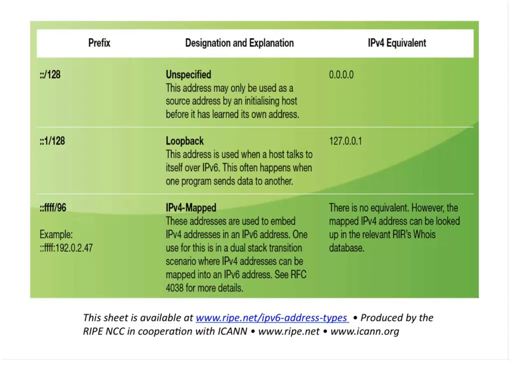So IPv4 mapped addresses are used to embed an IPv4 address in an IPv6 address. One use is in a dual stack transition scenario where an IPv4 address can be mapped to an IPv6 address, and there's an RFC that you can just Google to read more about it. There's no real equivalent for IPv4 that was carried over; this is something specific to IPv6.